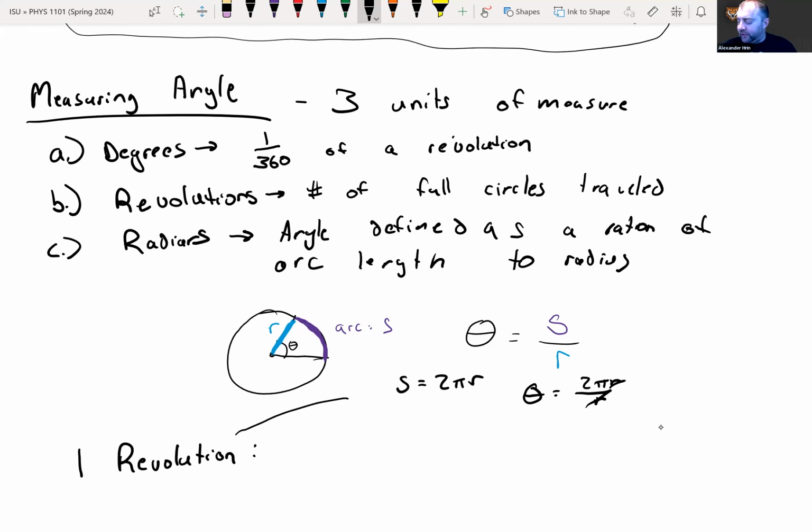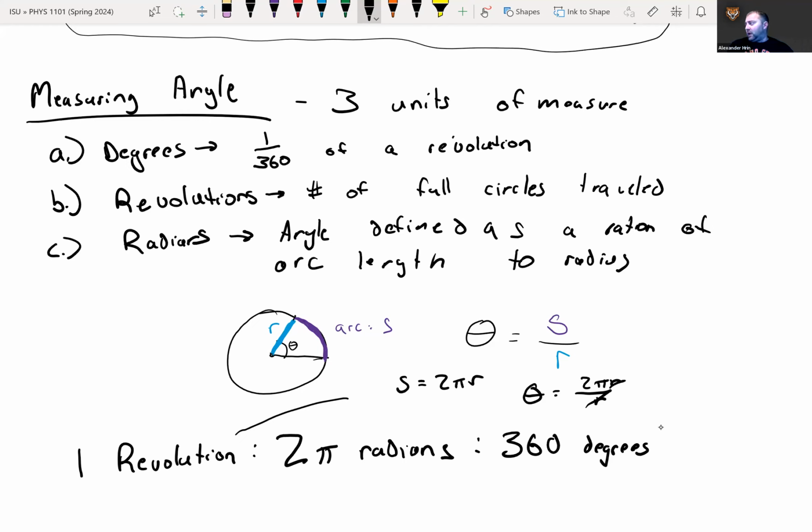The r's cancel, and theta is 2 pi. So one revolution is 2 pi radians. And one revolution we also saw is 360 degrees. So if you are familiar with the conversion that to get radians from degrees, you divide by 180 and multiply by pi, that's correct. You can see that pops out of this ratio: 2 pi radians is equal to 360 degrees.